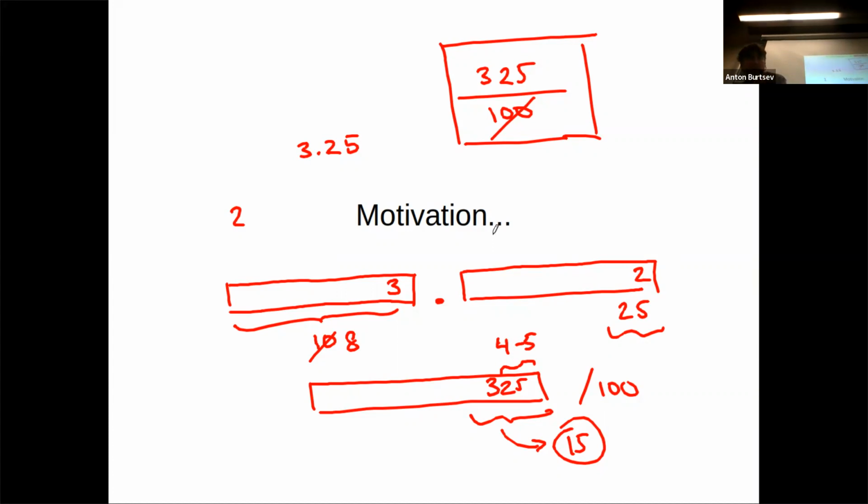But what will go wrong is, imagine you have a number, maybe from some calculation, which is 0.00, a couple of zeros here, and then 38. In my representation, this number will be rounded to 0, so I lost all information about it. That's not good.